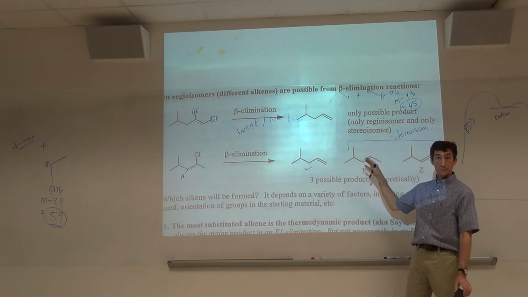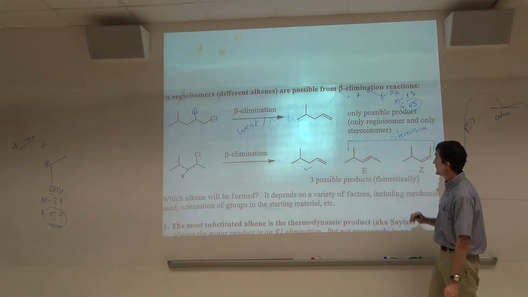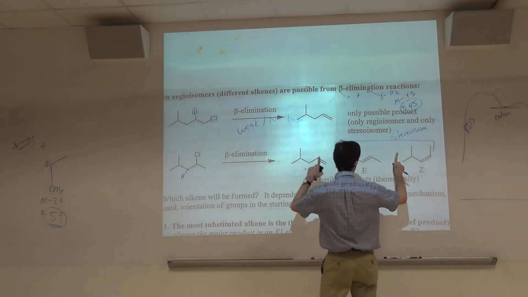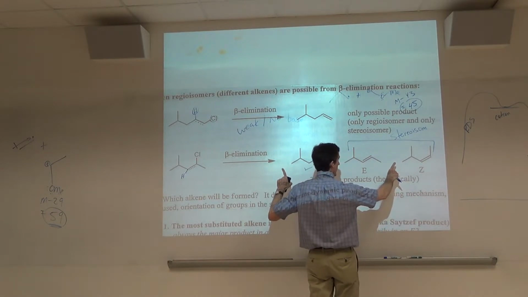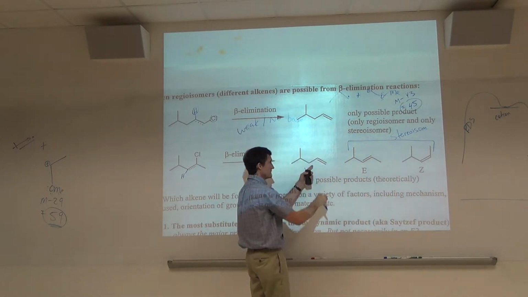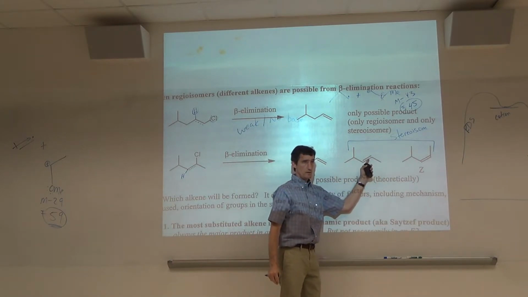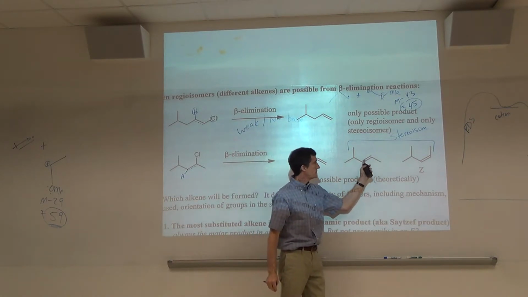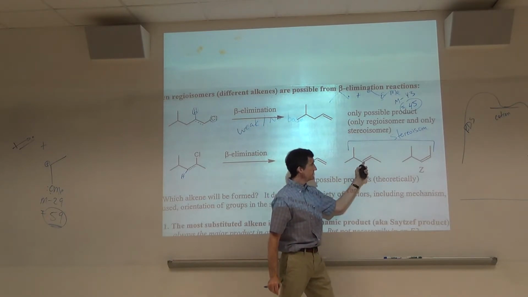Those are regioisomers. The double bond's in a different region there. So first we have to decide which regioisomer we're going to get. That is, do we want the monosubstituted double bond or the disubstituted? Assuming these two are the same. Then we have to say if we get the disubstituted, is it going to be E or Z?